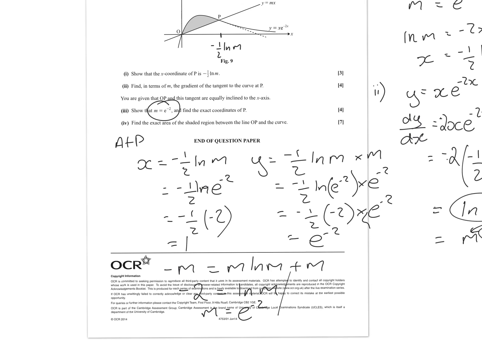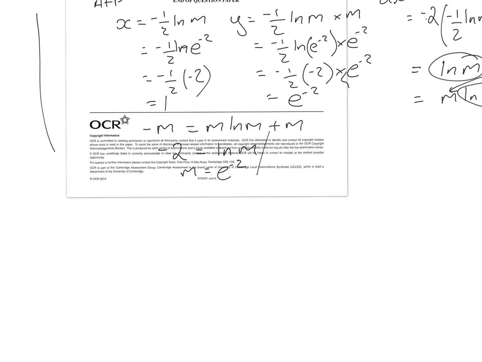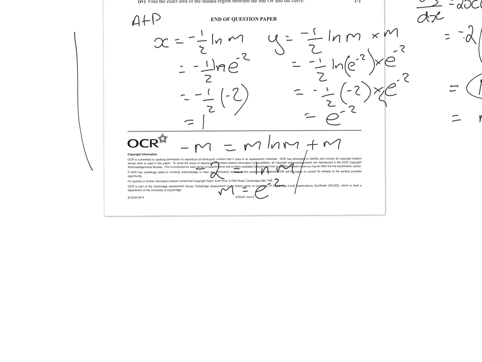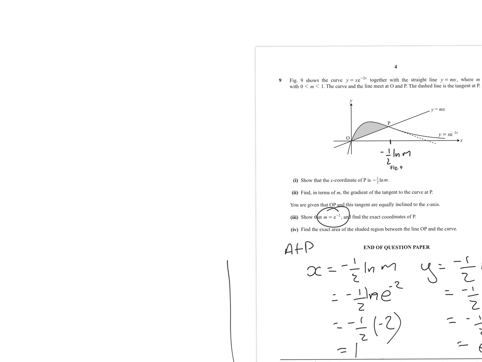Okay, then it said find the exact area of the shaded region between the line OP and the curve. Okay, so we're integrating. In fact, let's just go over here.